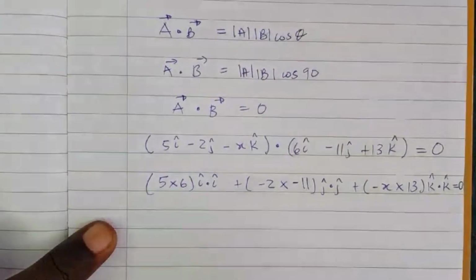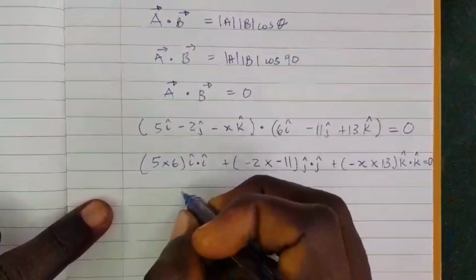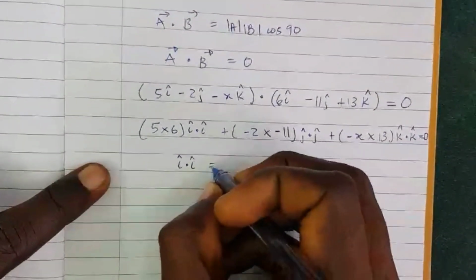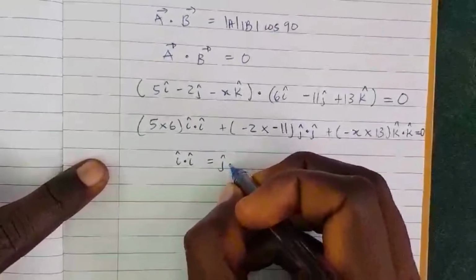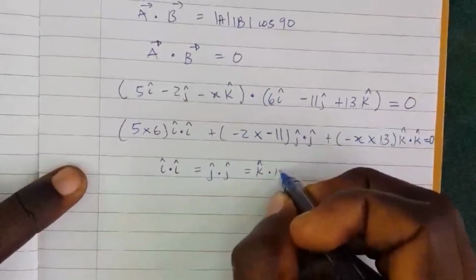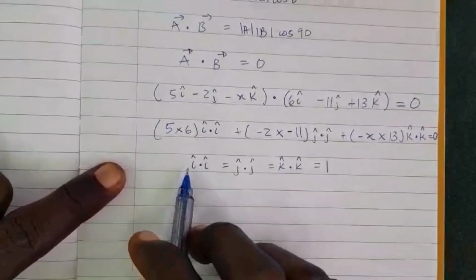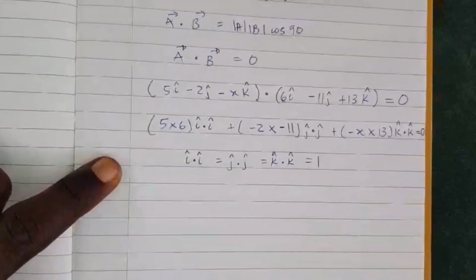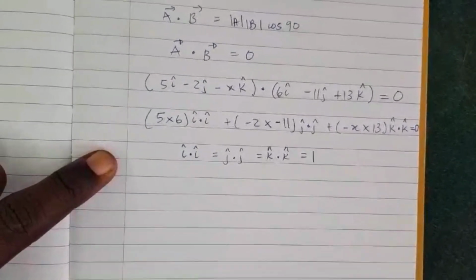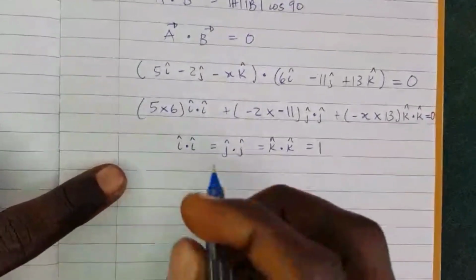Now we know that i hat dot i hat is equal to j hat dot j hat, equal to k hat dot k hat, equal to 1. The reason is that i, j, and k are unit vectors, showing us the direction of x, y, and z respectively. Unit vectors have a magnitude of 1.